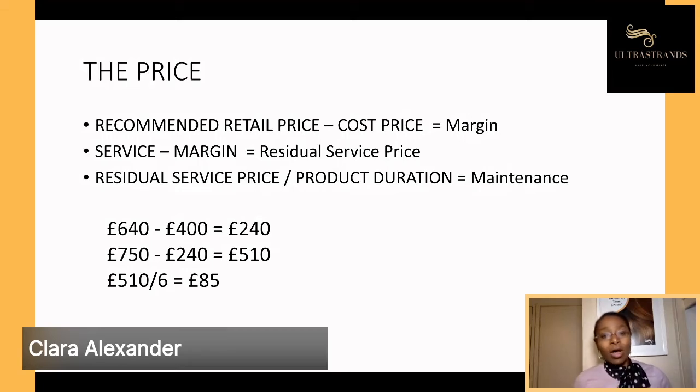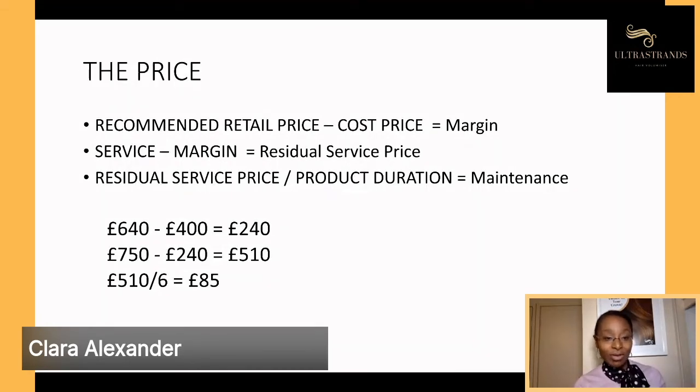But one of the things that I want to say is that once you've got these price points in here, then you can start to do various types of calculations. But these price points are important. So understanding, number one, what's the margin? You've got to understand the margin. Number two, what is my residual service price, which is your service price take away the margin.